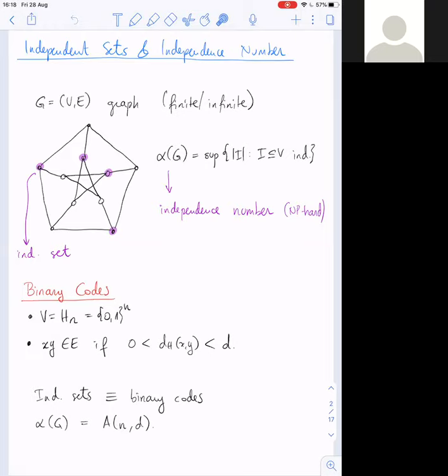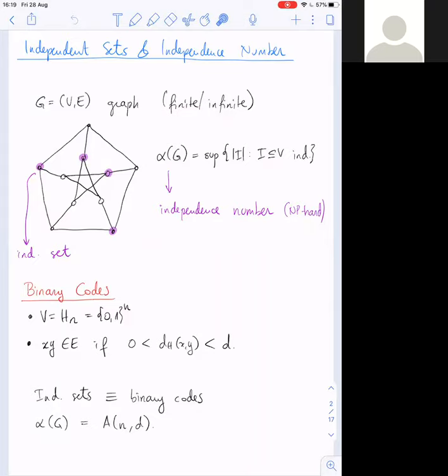graphs. So the first one is the one that I was very happy that Henry talked about, the binary codes. For binary codes, the vertex set of your graph is the Hamming cube, so the set of all 0, 1 strings of length n.